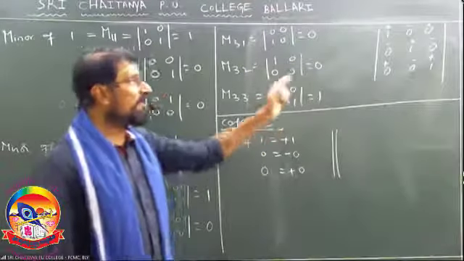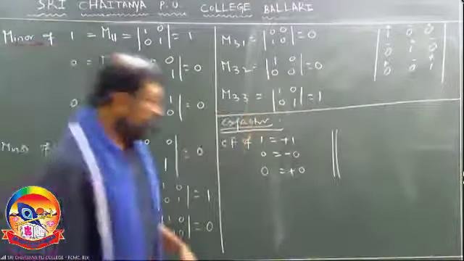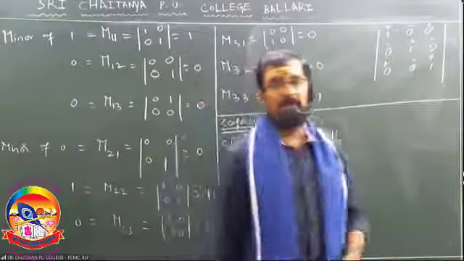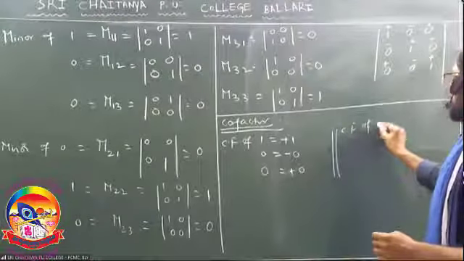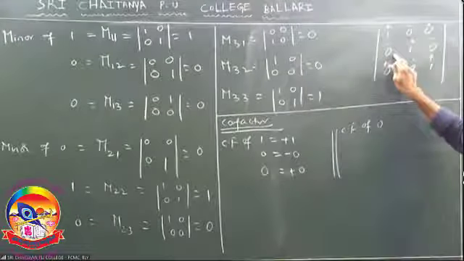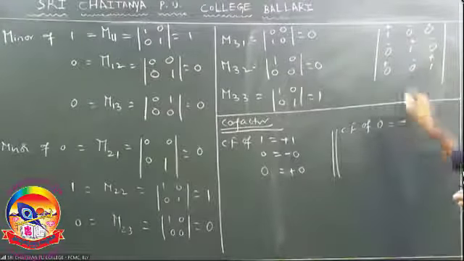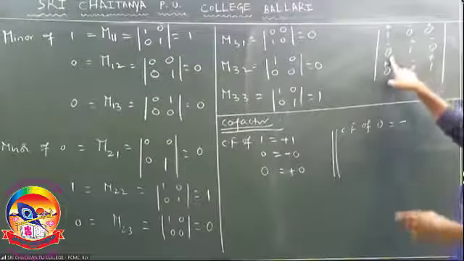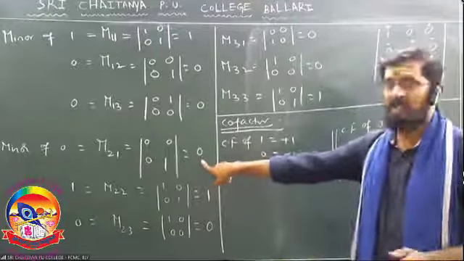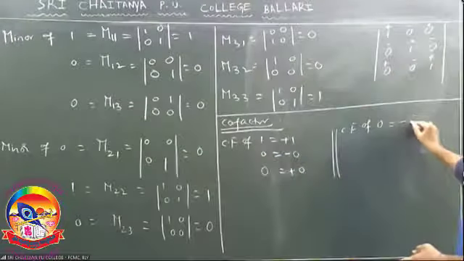What is it? Observe 0, 1, 0. I want to find out the cofactor of 0, which is there in the second row, which is equal to negative into minor of this 0, which is equal to 0, right?